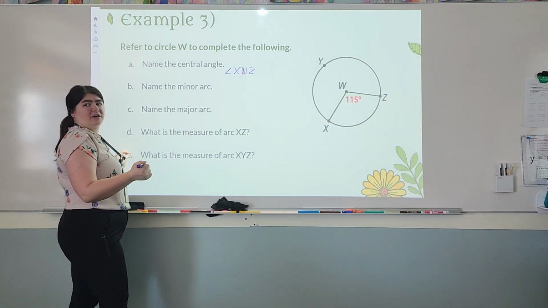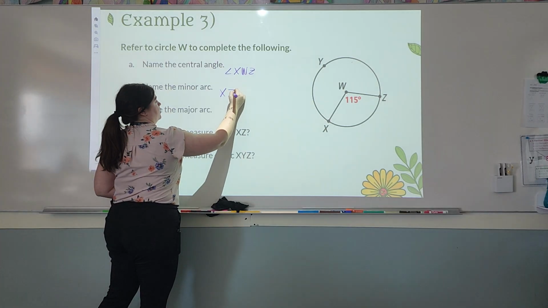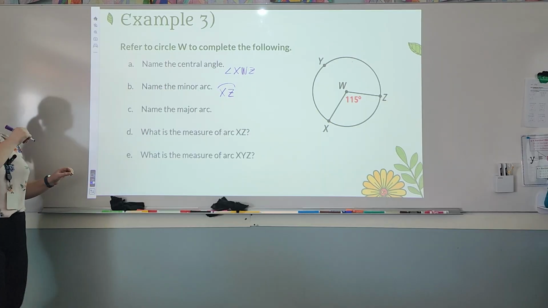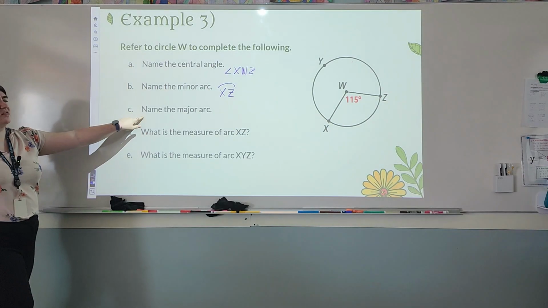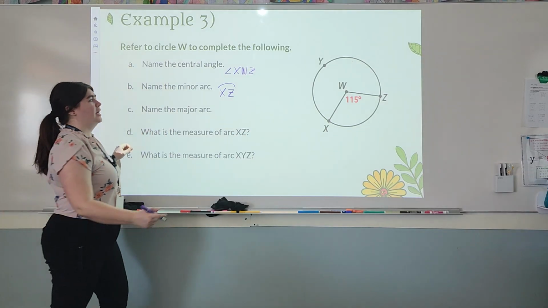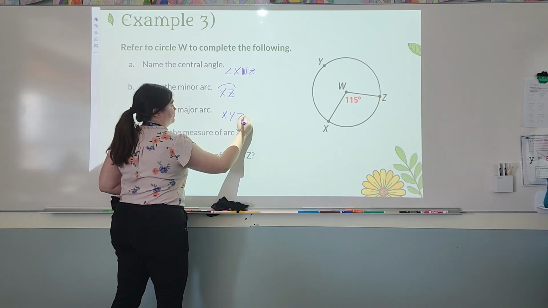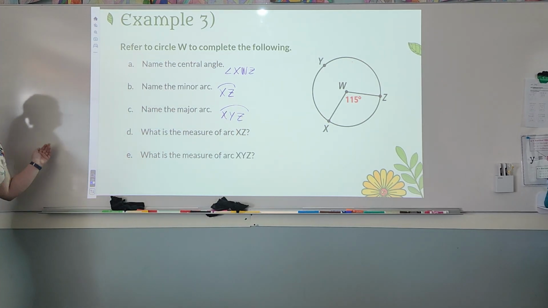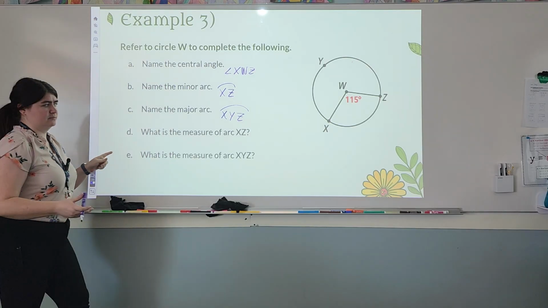What's the minor arc here? XZ. And then don't forget when you're writing it, you either need to write the word arc before it or draw the arc on top. Then what's the major arc? XYZ. Same thing, either write the word arc before it or make sure you put the arc on top of those 3 points.